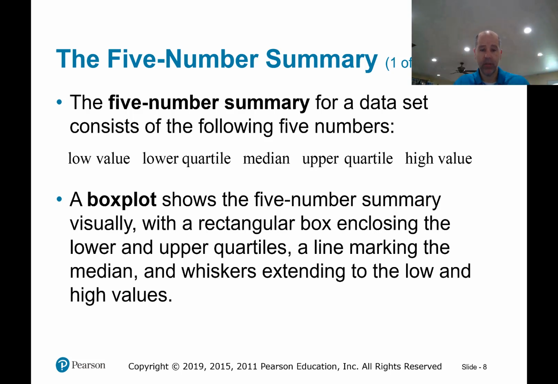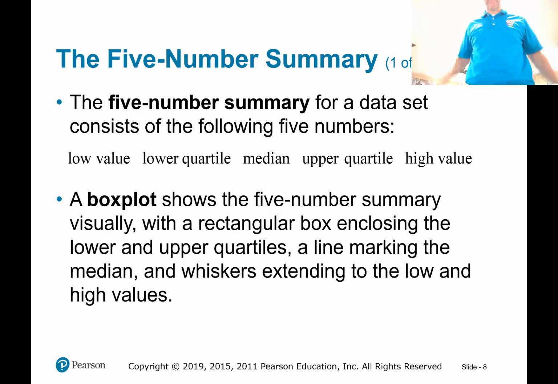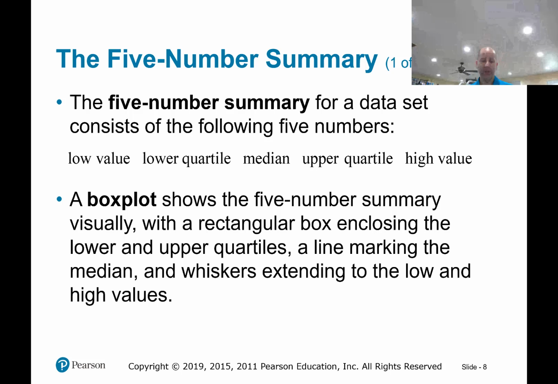That's what we call the interquartile range. So the middle box is constructed using the upper and lower quartiles. And then we have a line that marks the median. And then we have whiskers that extend from the box to the max and min. And so this is actually called the box and whisker plot.